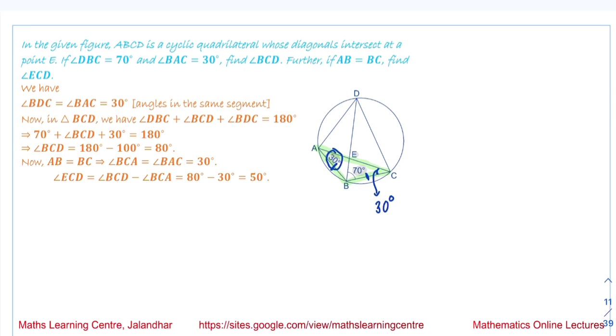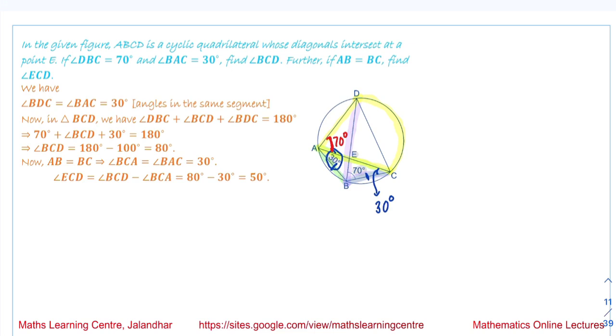Now look at the arc CD. On this arc we have the angle at B, and the value of this angle is 70 degrees. On the same arc we have the angle CAD, so the value of this angle is also 70 degrees.